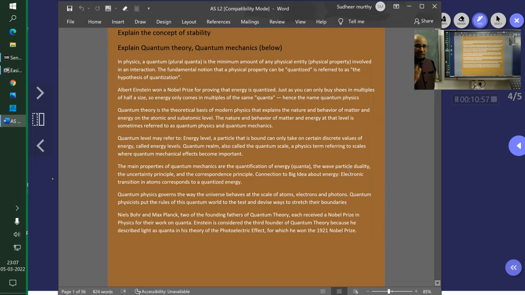And this quantum theory is quite useful in explaining the wave-particle duality of matter.